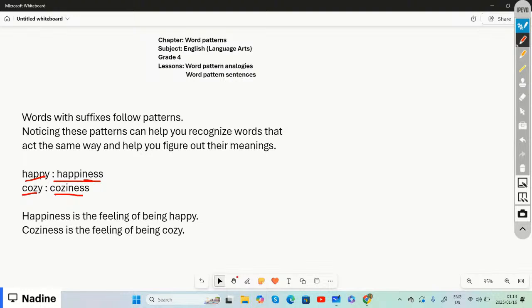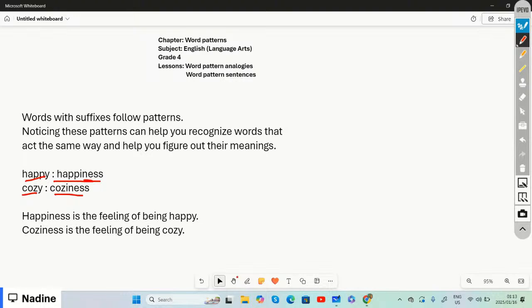All right. So once again, when it comes to word patterns, we have words with suffixes that follow specific patterns based on the suffix that is added.